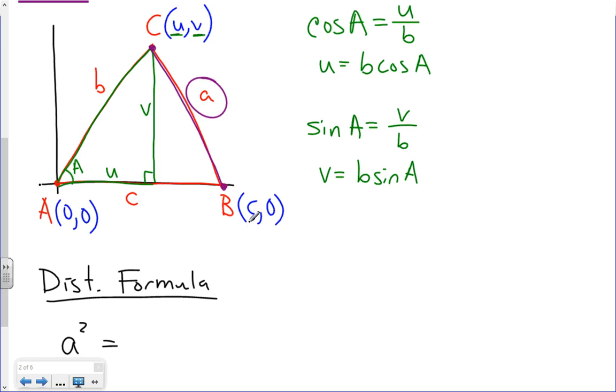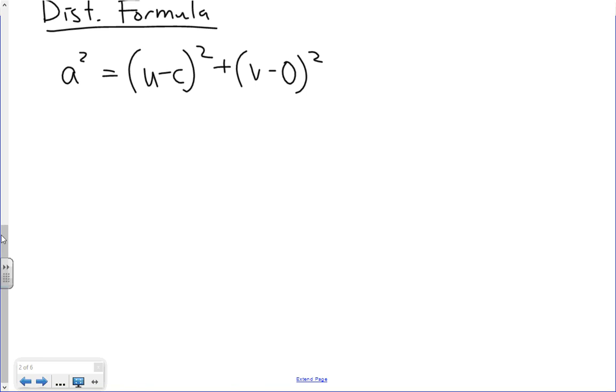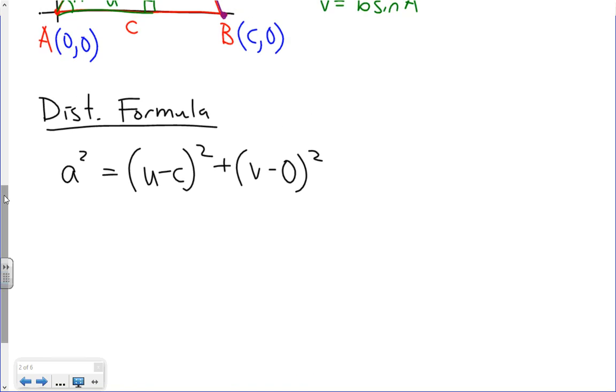So this is u minus c squared. And add on to that the difference in the y values. So I've got v up here and I've got 0 there. So that's v minus 0 squared. You can see I already have A squared is equal to something squared plus something else squared, which is kind of close to what I'm trying to come up with for my law of cosines. So this looks like a good starting point.